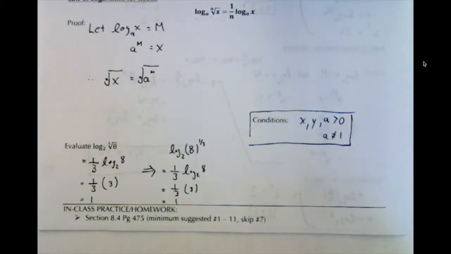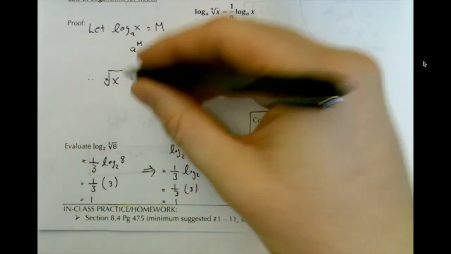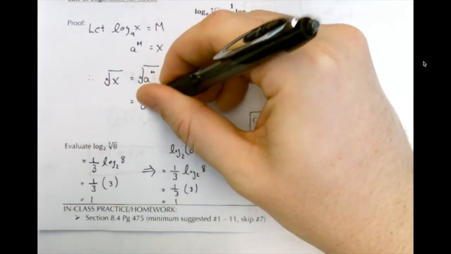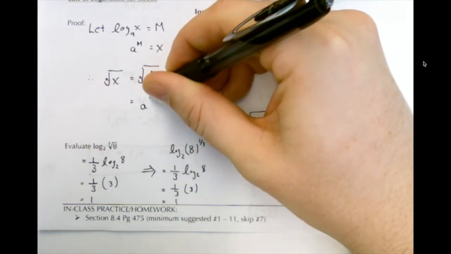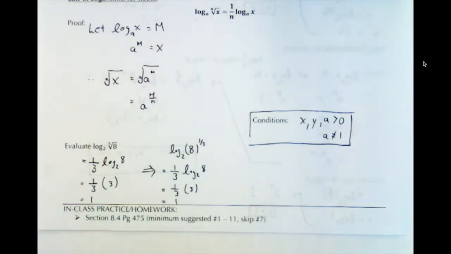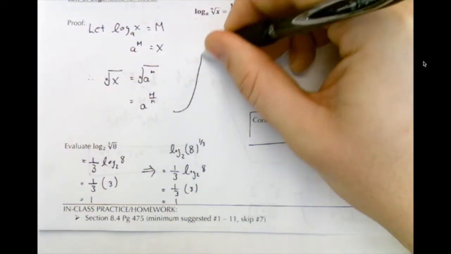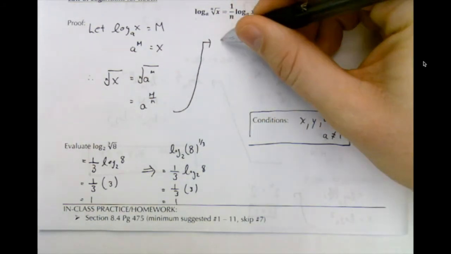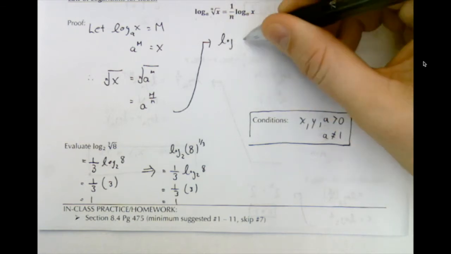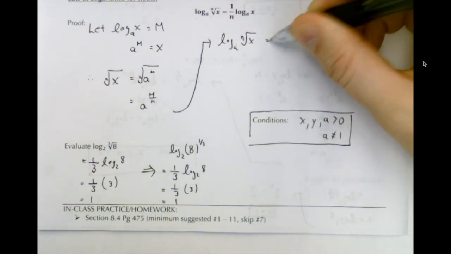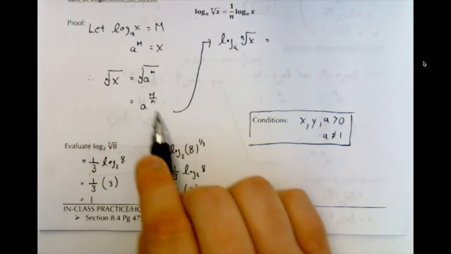And the nth root of a to the exponent m would be a to the exponent m over n. On our left side, we actually have an expression for the log of the nth root of x base a, and we just wrote what that expression is equivalent to.